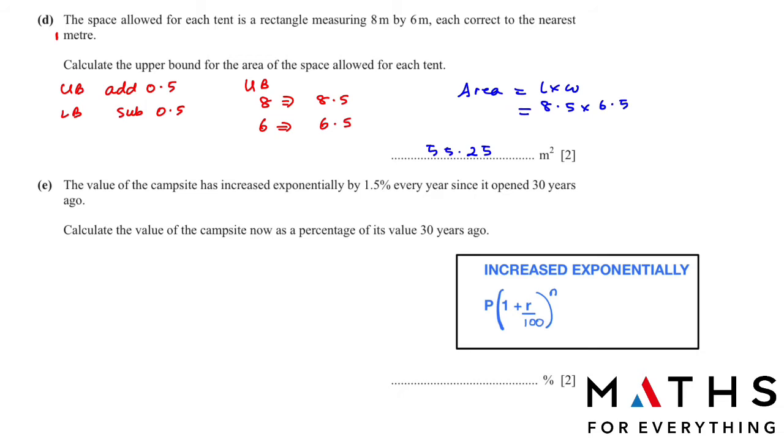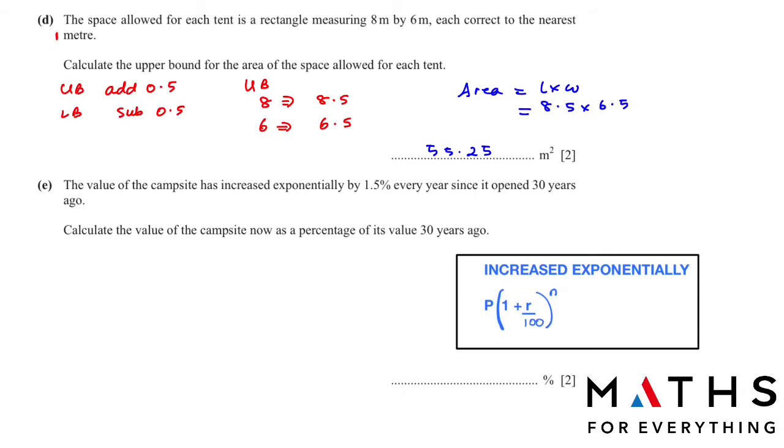That is the same as your compound interest rule. P, that's your principal, your starting amount, bracket 1 plus R, the rate of interest, over 100 to the power of n. N is the number of years. If it was decreased, instead of the plus, it will be a minus.